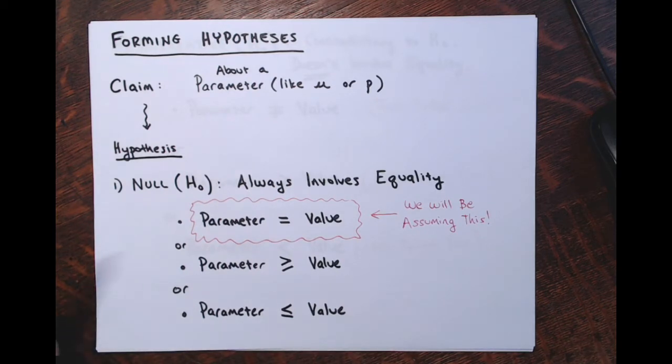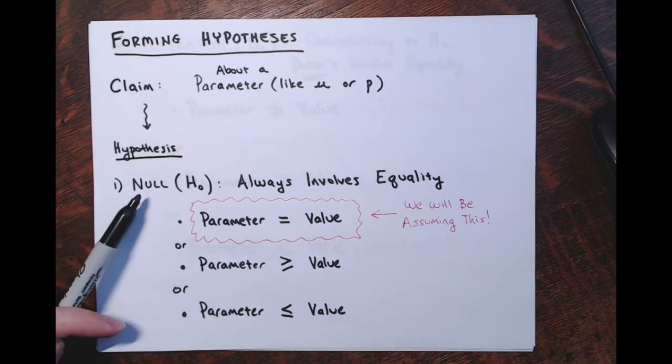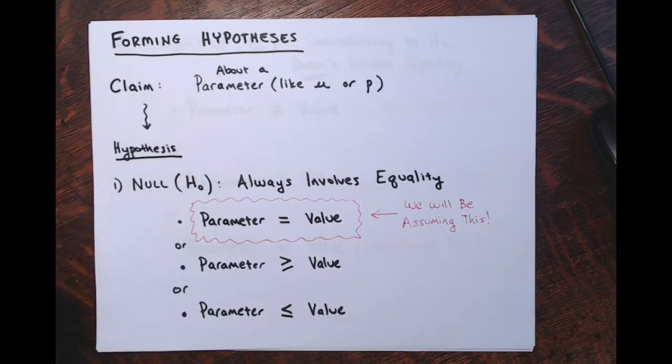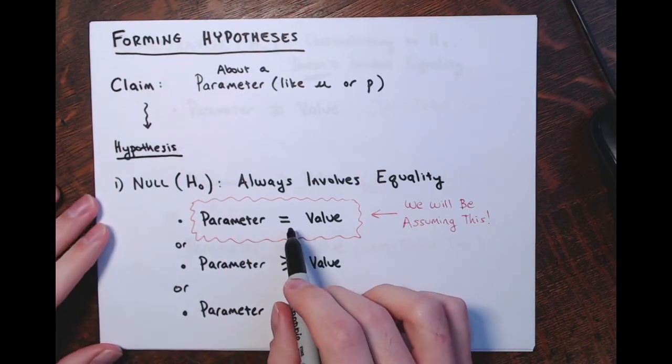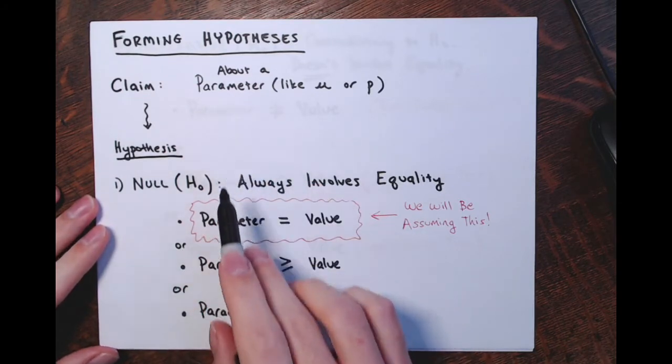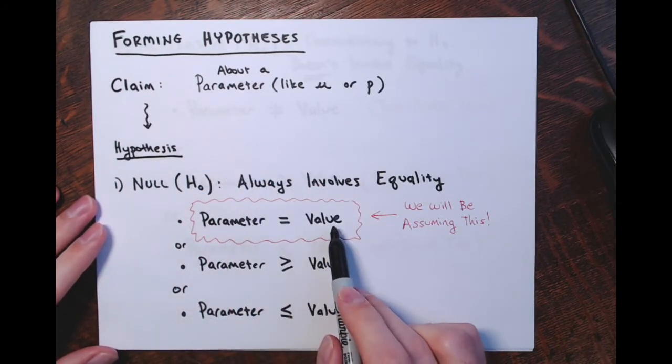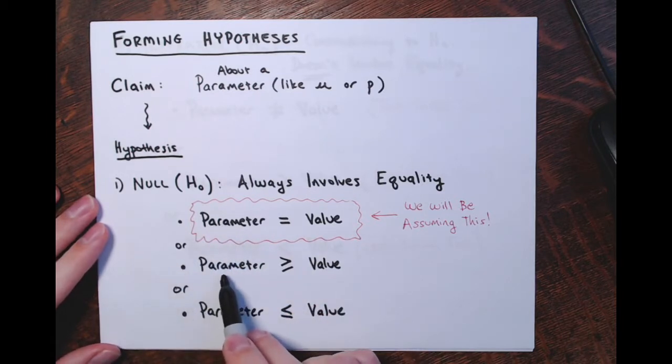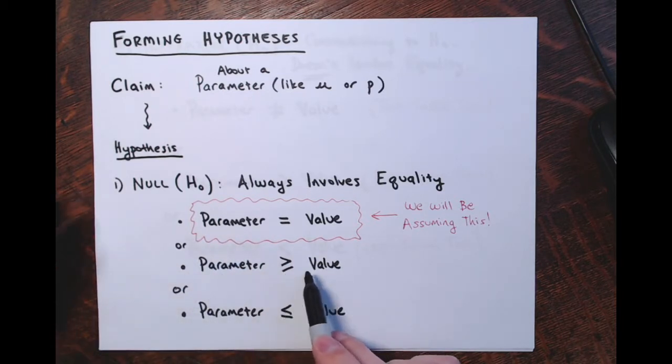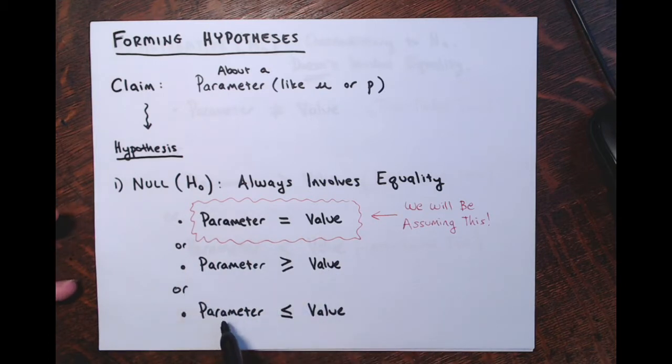In your Newton-Alta text, the null hypothesis will always involve just the equal sign, but I've seen other texts, so in case you're looking things up online or in other books, the null hypothesis could be that the population parameter is equal to some value, or greater than or equal to some value, or less than or equal to some value.